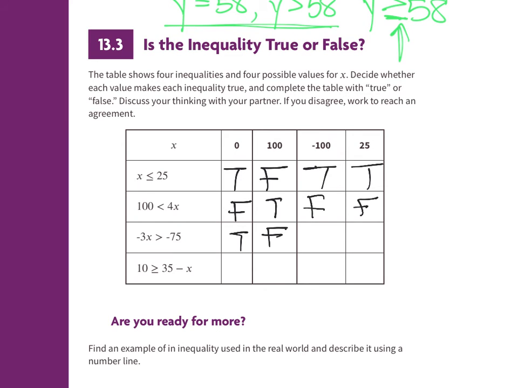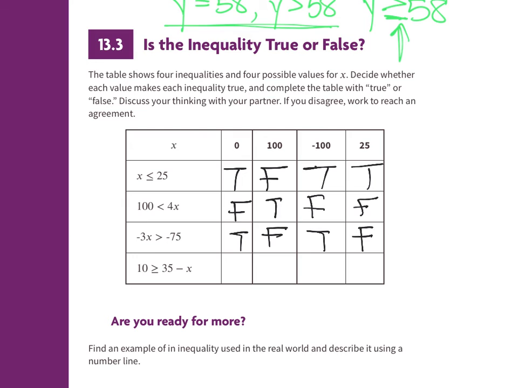Negative 3 times negative 100 is positive 300. Is positive 300 greater than negative 75? Yep. Any positive number is always bigger than a negative number. And then negative 3 times 25 is negative 75. Is negative 75 greater than negative 75? No, it's equal. So true, false, true, false.